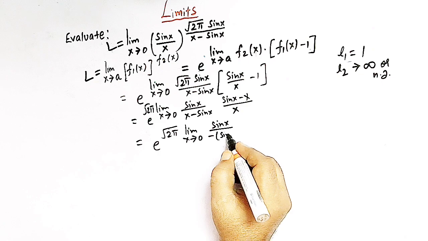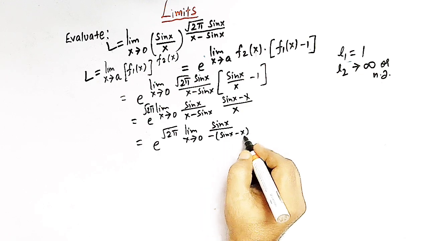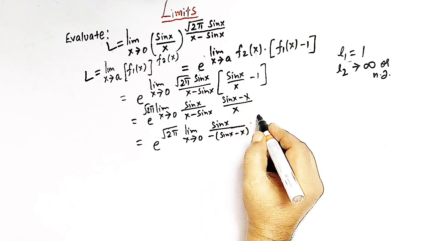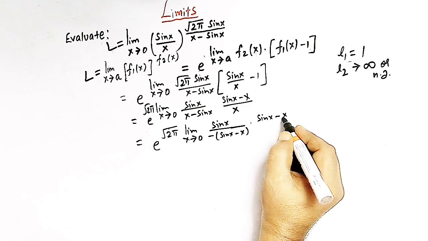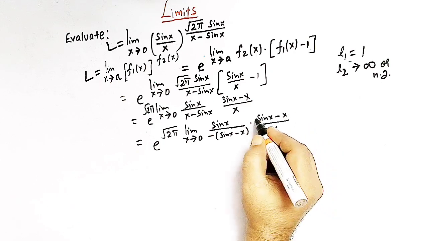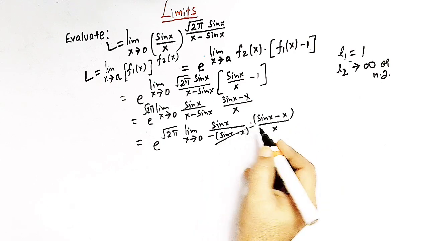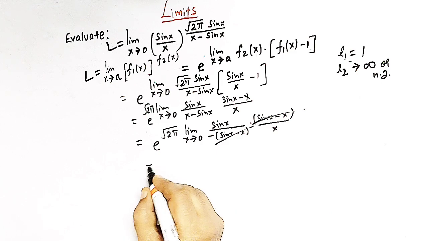So we have (sin x minus x), and here we have (sin x minus x) divided by x. So these two terms get cancelled.